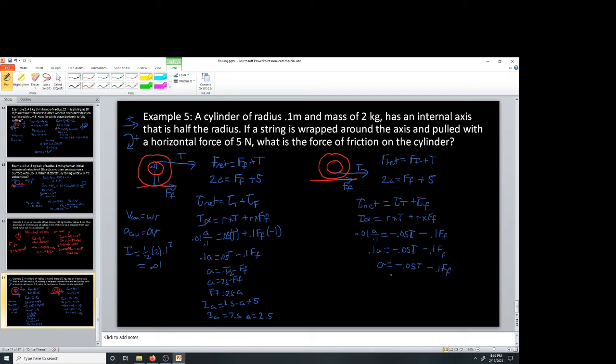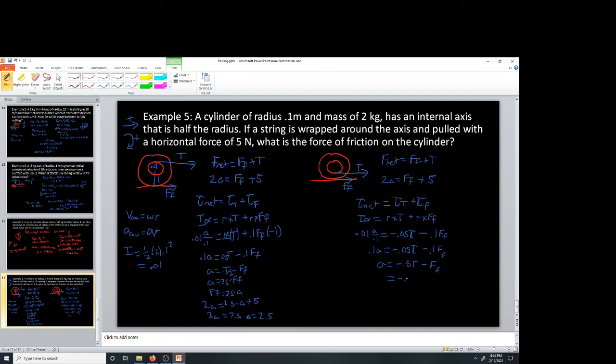And actually, I know what that is. This is negative 0.25 minus 0.1 force of friction. No, it's not, because we just multiplied out by that. I forgot to multiply out all that stuff. I just rewrote exactly what I had before. Whew. This becomes negative 0.5 t minus force of friction.